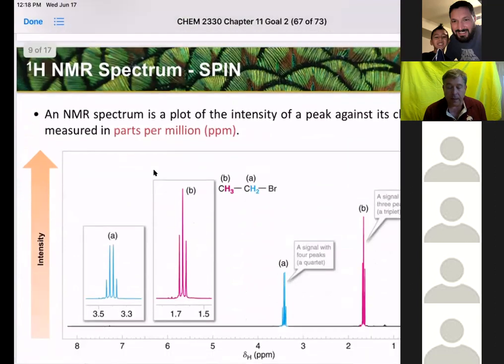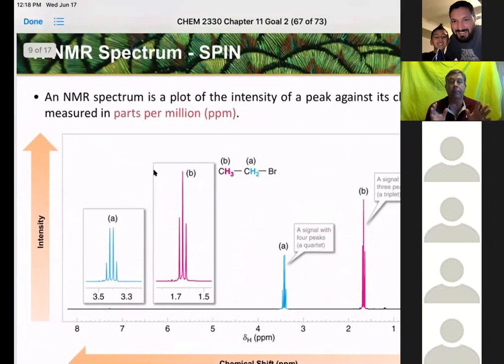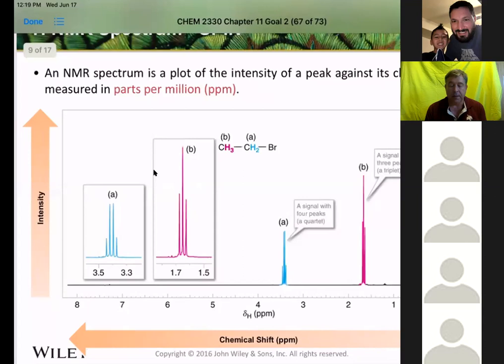To remember what we're talking about with spin, this is just the generalized NMR, and I want to show you around this NMR spectrum so that we can look for the 4 different things in our system. One thing I want you to notice is the 0 on the x-axis.